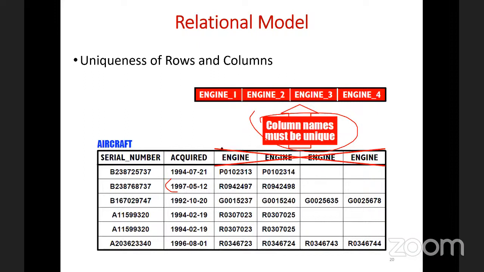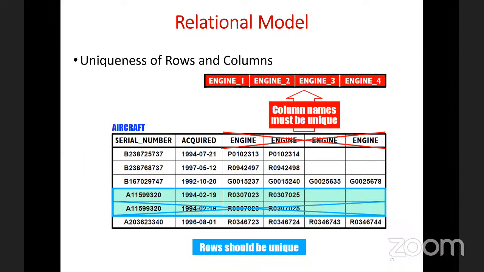And also each row must be unique, right? So if we are saying, okay, these similar rows, the same rows, they are not allowed. If one row is already existing, a second row with the same data will not be allowed. So column names must be unique and rows should be unique.